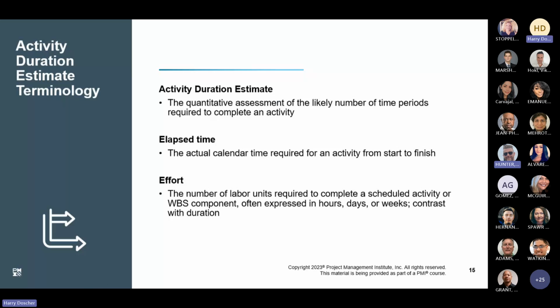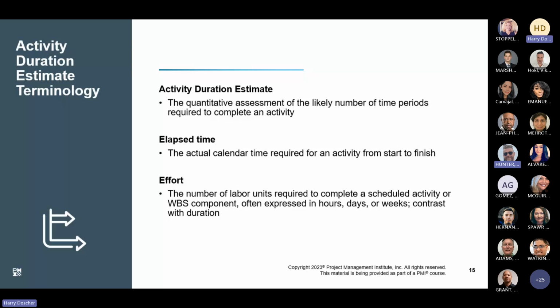And then effort is the number of labor units required to complete a scheduled activity or a work breakdown structure component. So you may have a duration estimate of 2 weeks, 2 5-day weeks, but it's going to take 10 people each of those 2 weeks to deliver the value.